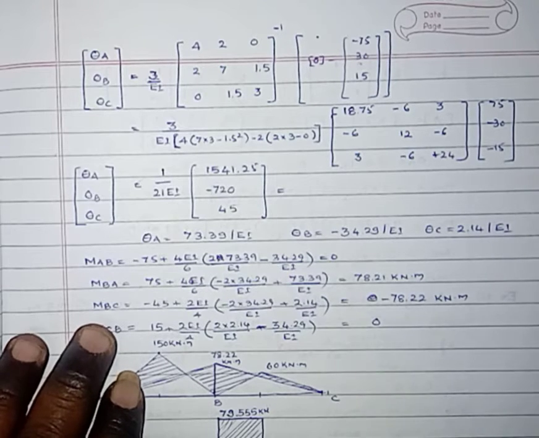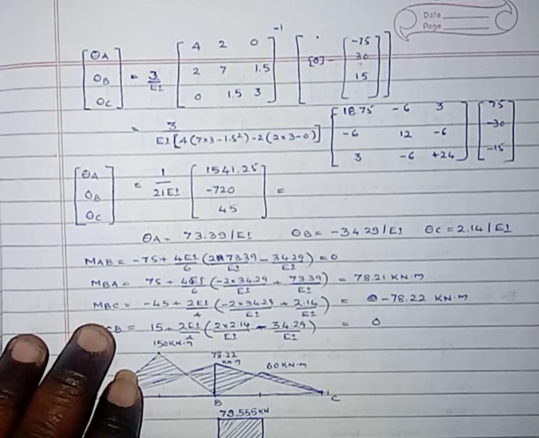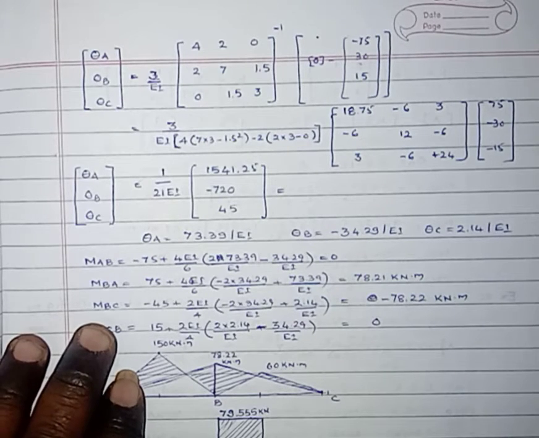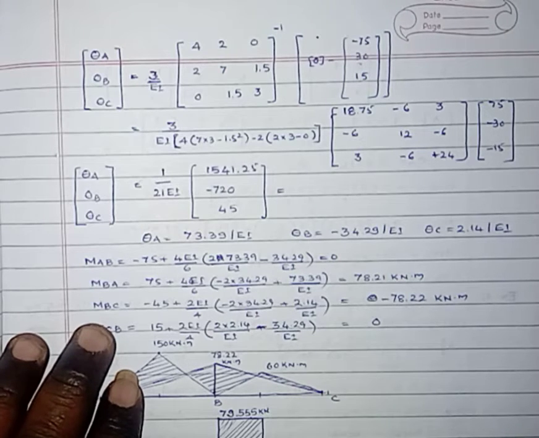Now, by using the slope deflection equation, we have to find the final moments at the various points. MAB is 0 since that is the end support. A is on the simple support.